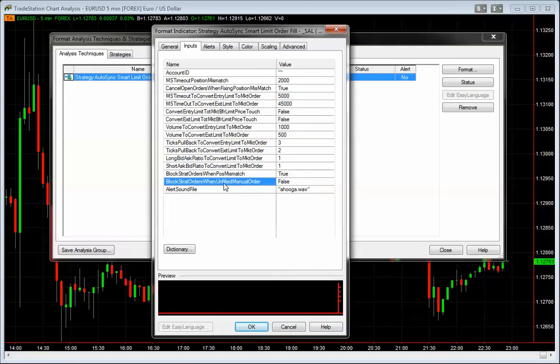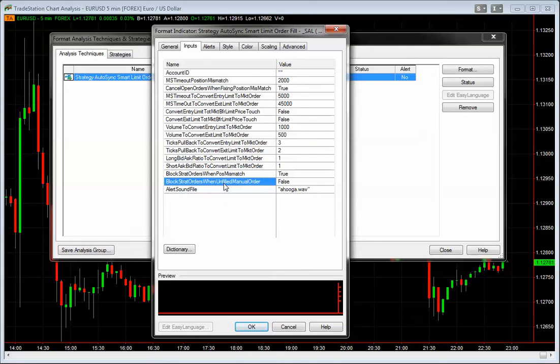And the next input applies for when you're mixing manual orders with strategy orders. And this is often done to add a discretionary component to automated trading. So say the strategy is long 5 contracts and has issued profit target and stop loss orders, but you really want the exit to occur at a different price, maybe at a price closer in. So you issue a manual order for the exit.